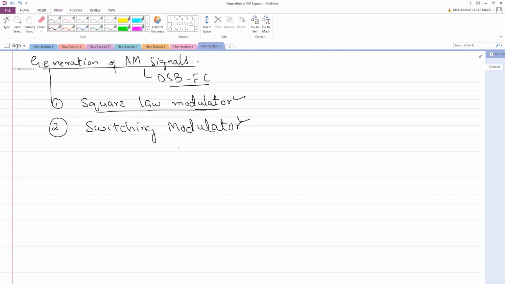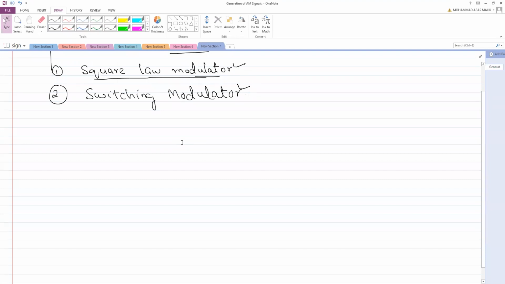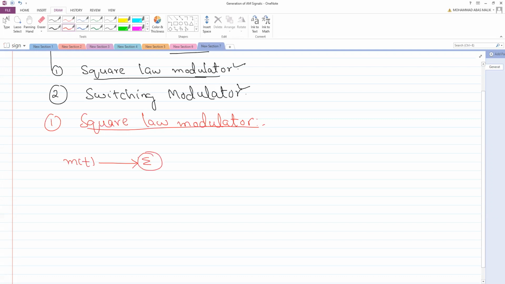So we'll start with the square law modulator. We have message signal m(t). There you will have a summation.